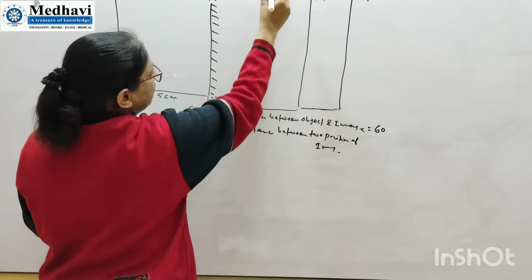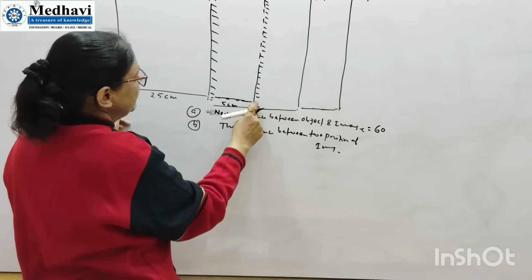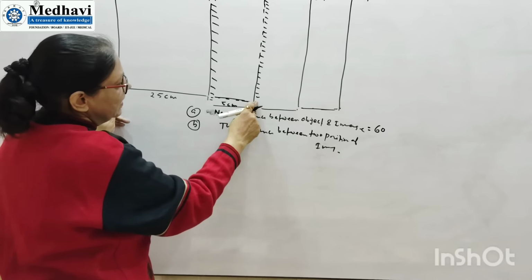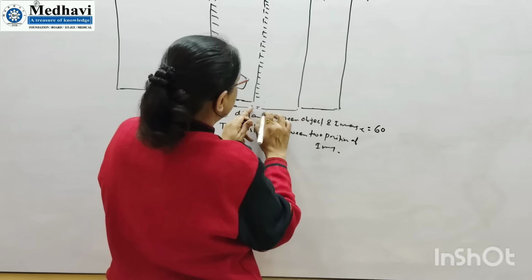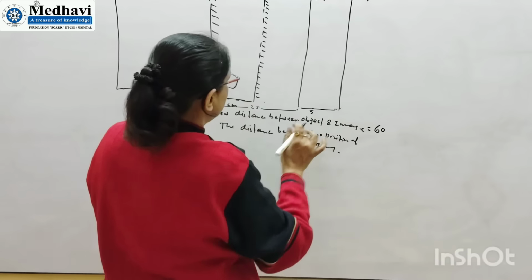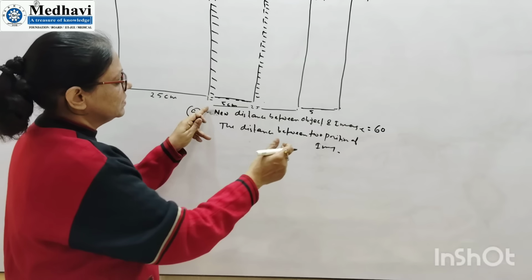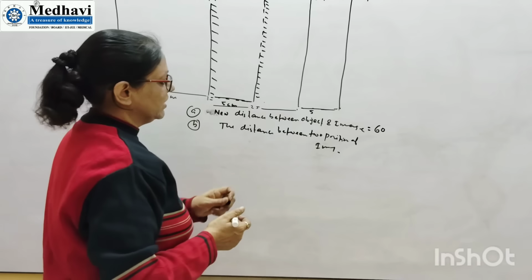After shifting, this is the mirror. So the new distance is 30 centimeter between object and mirror. This is 25, and this 5 I have shifted. So this should be 30 centimeter. So 30 and 30 will be 60.